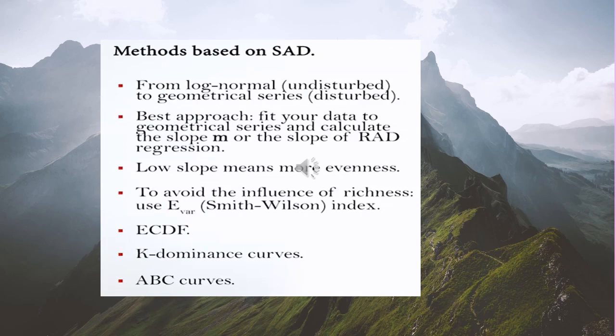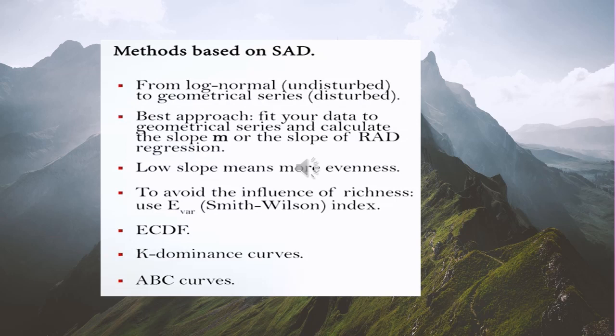I think all of you know about species abundance distribution. These methods try to assess the impacts on biodiversity, moving from log normal, which is a kind of proxy of an undisturbed site, to geometric series, which means that the site is very disturbed. If you remember from the last lectures, we have different ways to show how abundances are distributed among the species.